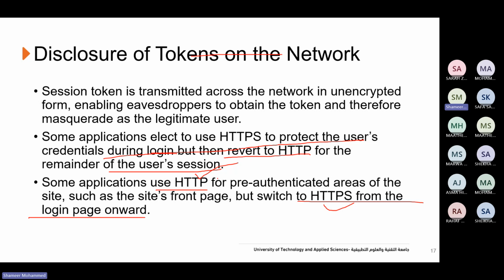You should use a valid HTTPS certificate throughout the sequence of transactions. Once the user logs in, until he or she logs out, you have to protect that session using HTTPS. If it is not HTTPS, don't disclose the token. It is one of the weaknesses.